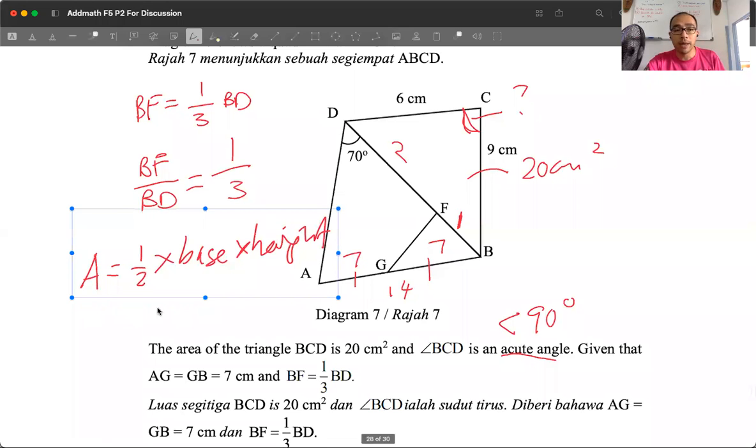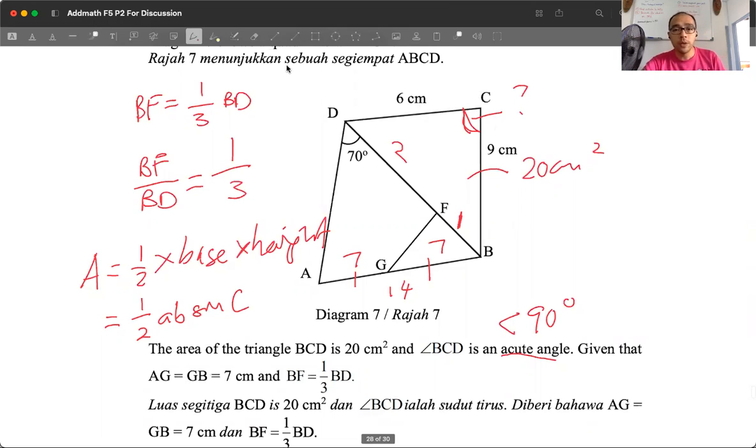Okay, but lazimnya, in the triangle, for solution of triangles, is always half AB sin C. Okay, di mana AB adalah dua sisi yang bersebelahan dengan sudut, okay, yang dicakupi oleh kedua-dua sisi tersebut.